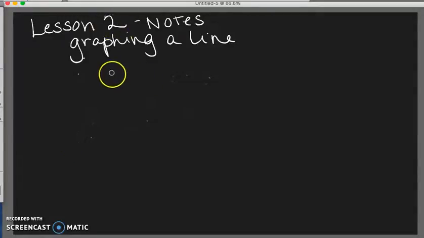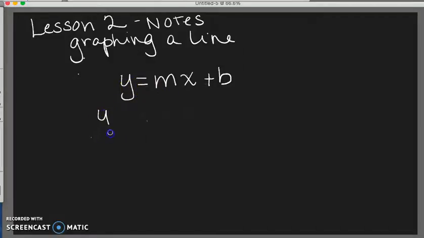Just as a recap from lesson 1, we know that all linear lines must be in the format of y equals mx plus b. And you want to make sure that the variable y is isolated on the left side of your equation. So for example, if it's in the format of y plus 3x equals 6, your y is not isolated on the left side.